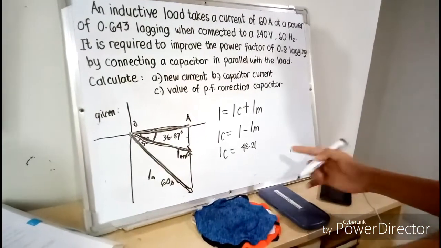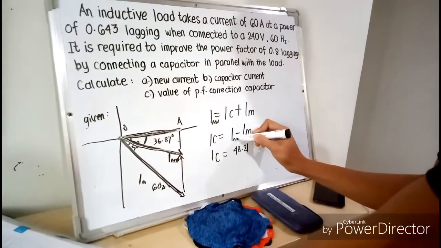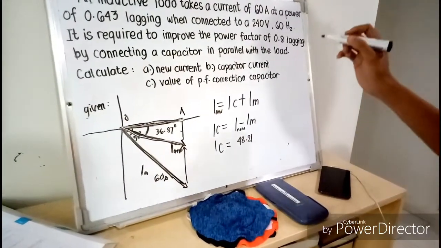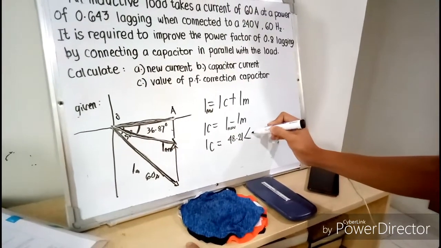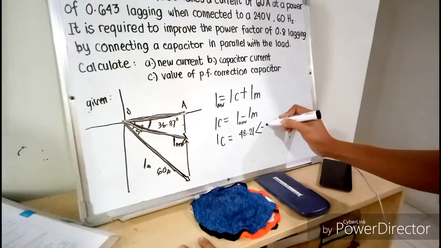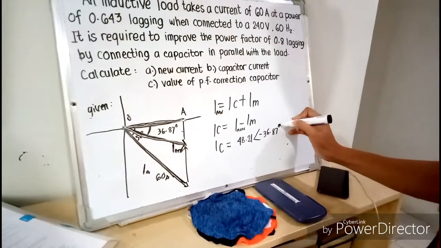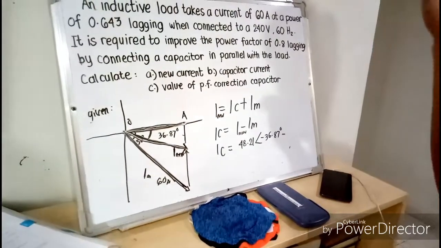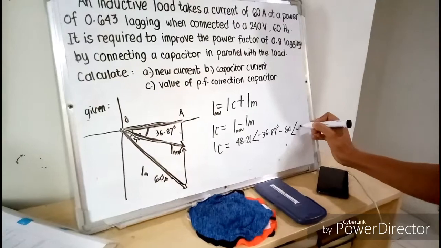So we have the new current and its angle. Since it's lagging, we have a negative angle, minus 36.87 degrees.